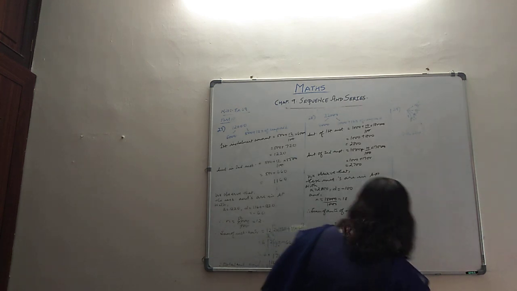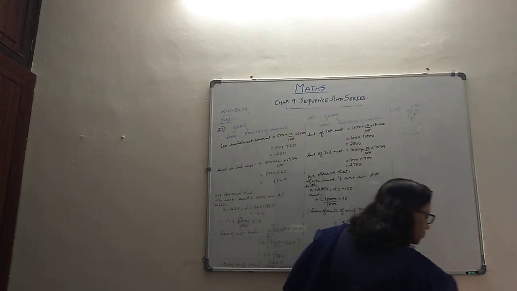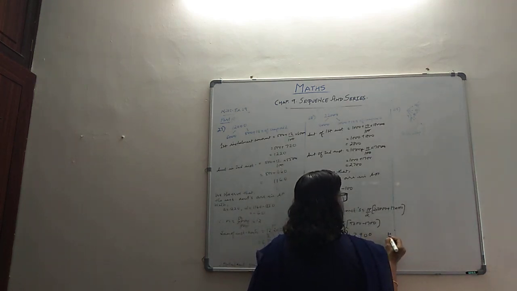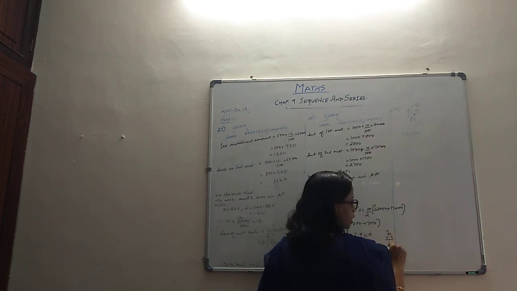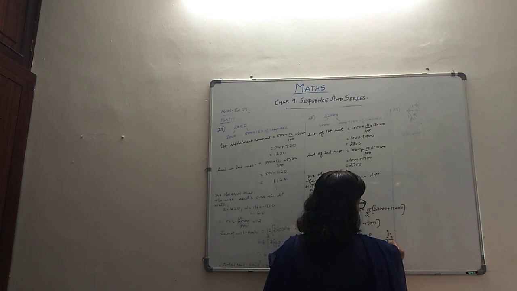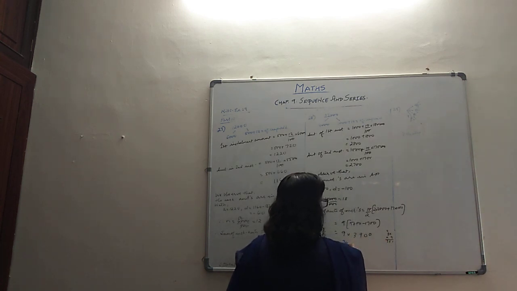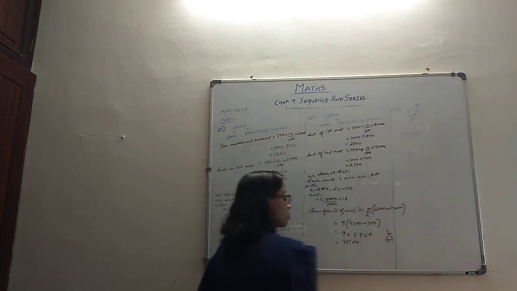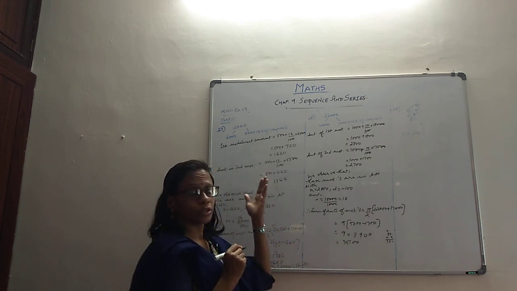What's wrong with me? Let me do the calculation once again. 39 into 9. 9 nines are 81, 8 carry. 9 threes are 27. 27 and 8 is going to be 35. So it is 35100. How much is paid in installments for 22,000?